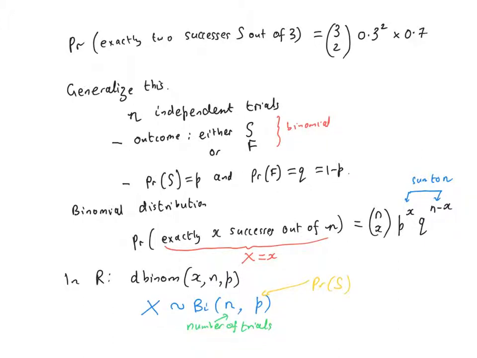So that is a mathematical shorthand for saying the random variable X follows the binomial distribution with number of trials n and probability of success p.